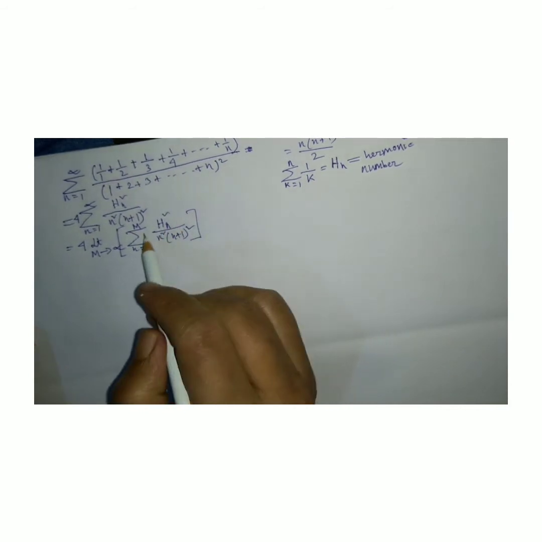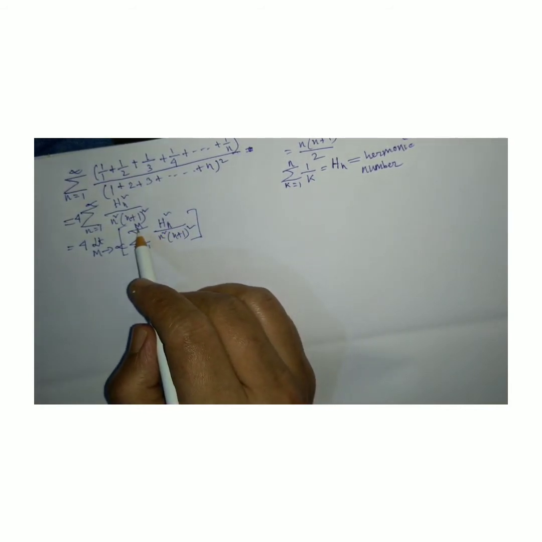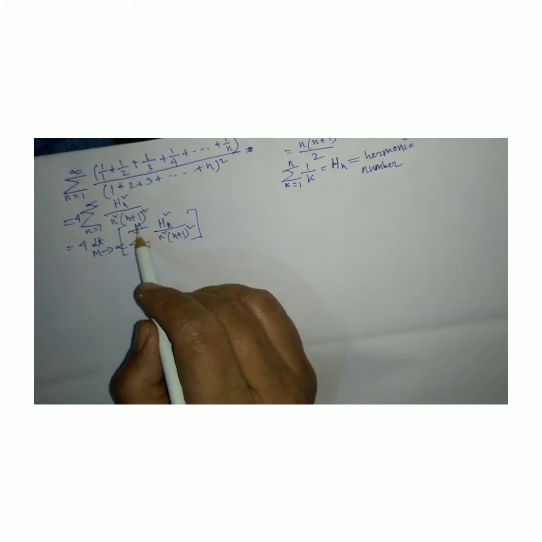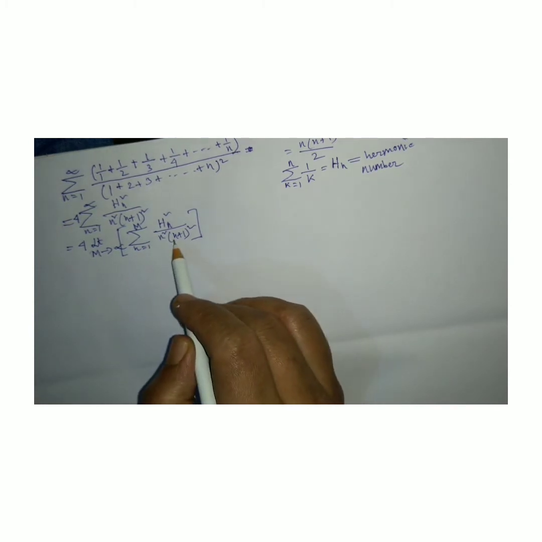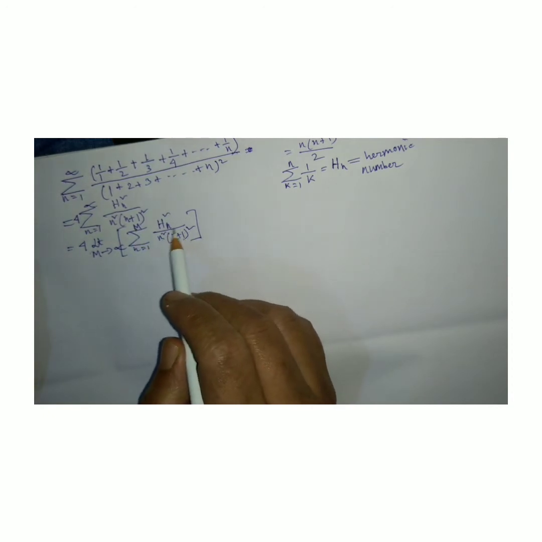I make it a finite series, okay, because this is an improper series, so I can't break this. So I have to make it finite. After that I will break n square into n plus 1 whole square into partial fractions.